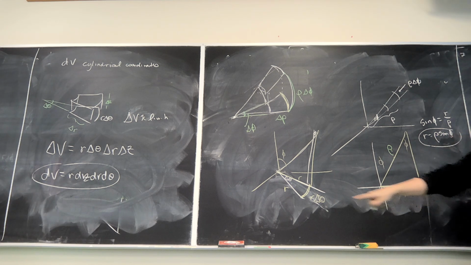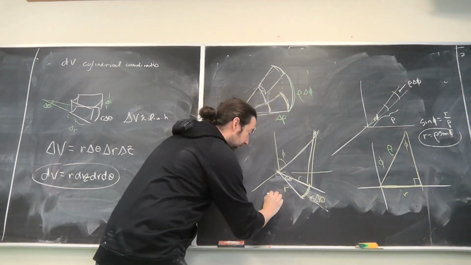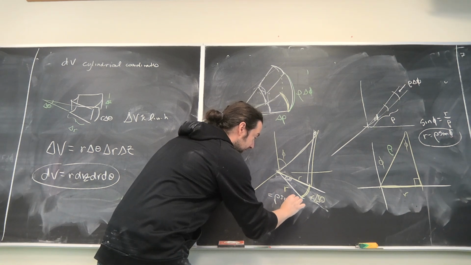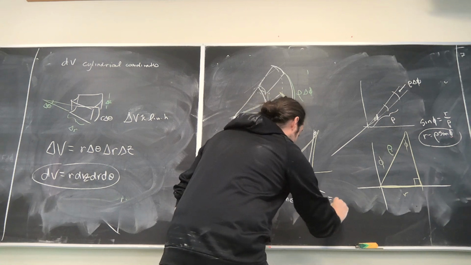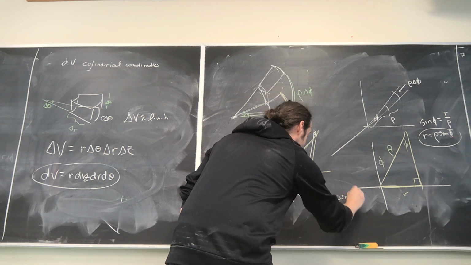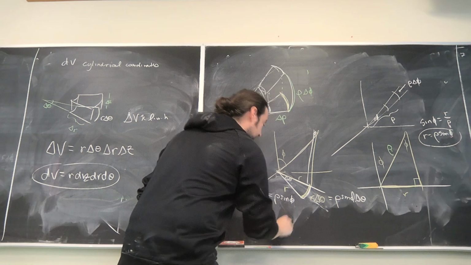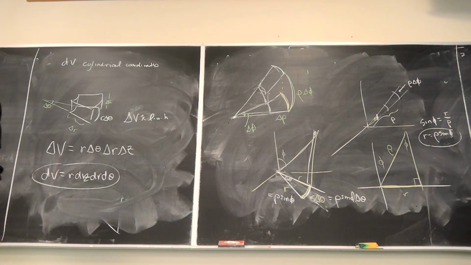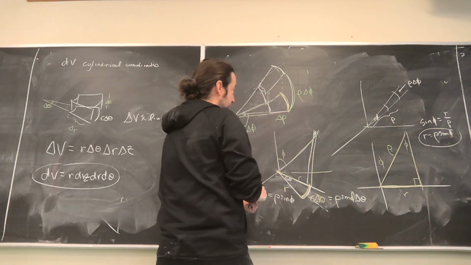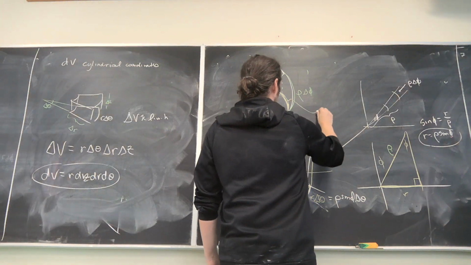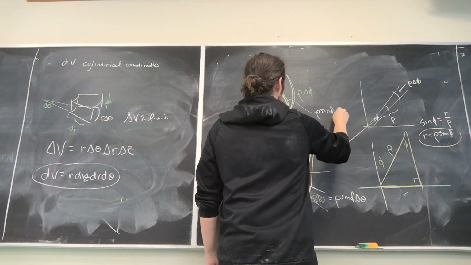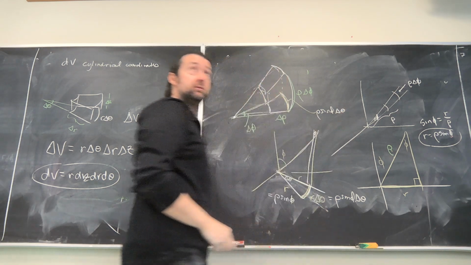So this side length down here is not r, it's rho sine phi. And that means that this arc right here that I'm trying to find is not r delta theta, it's rho sine phi delta theta. So this length that I was trying to solve is rho sine phi delta theta.